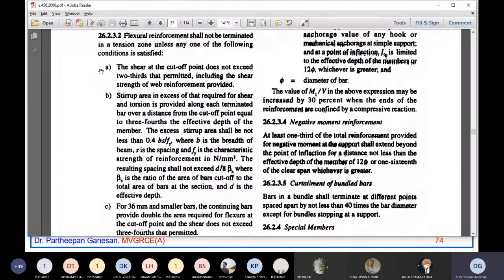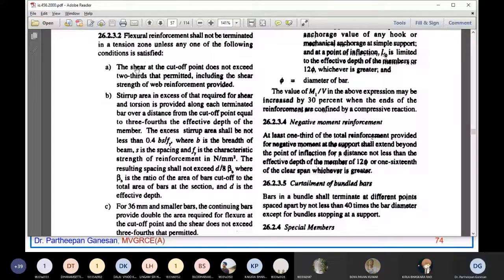I am going to go with A. The shear at the cutoff point, shear means shear force, does not exceed, meaning it should be less than or equal to 2/3 of the shear resistance that is permitted. Permitted means strength. Whatever the strength is, the shear force should be less than 2/3 of this value.